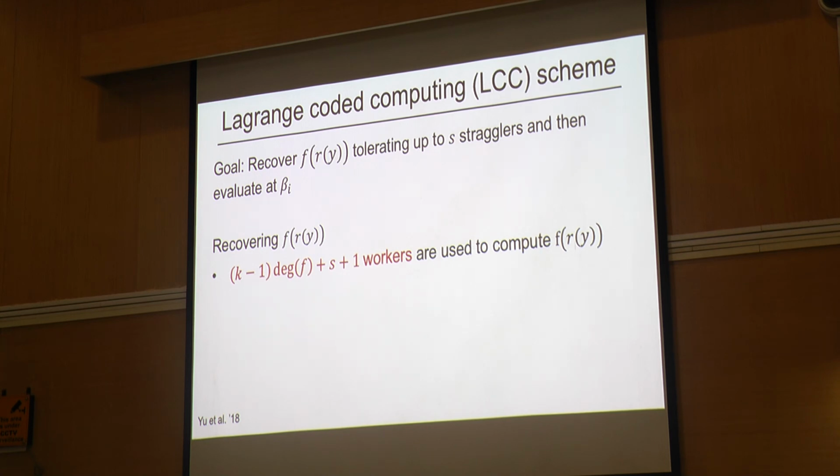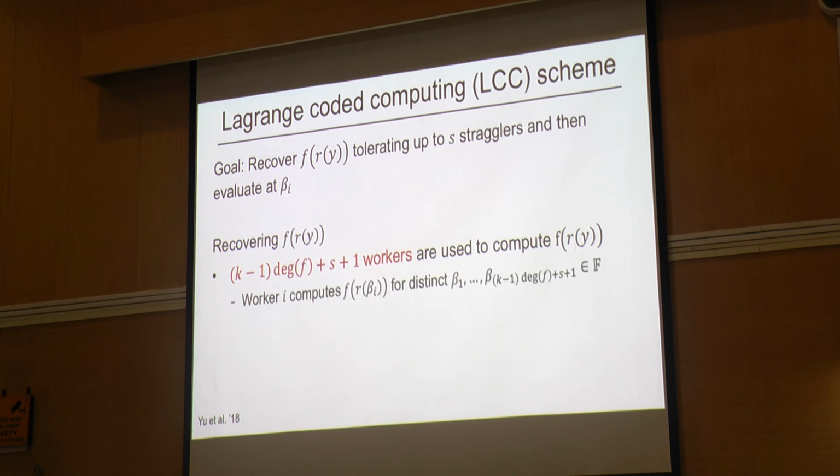Similarly here, we have a polynomial of degree k minus 1 times degree of f, and if we have that plus 1 evaluations, we can recover it. But we will add s more. Why? Straggler resistance, because some s of them can straggle. But even if s straggle, we will still have sufficient evaluations, the degree of that polynomial plus 1, and then we can recover it through interpolation.